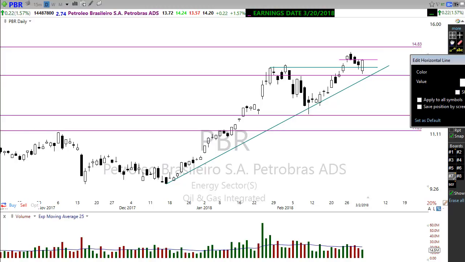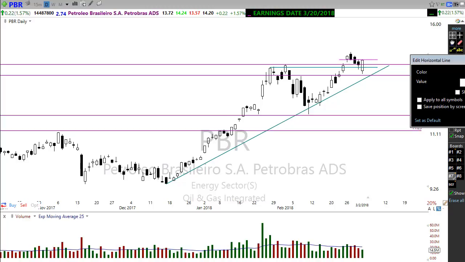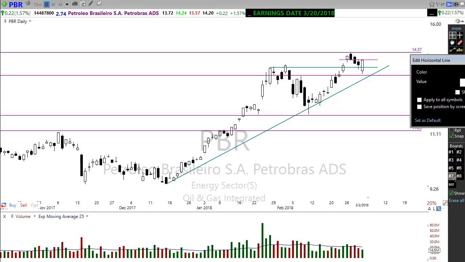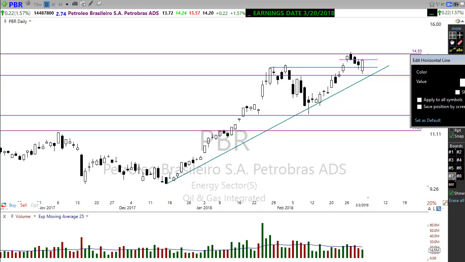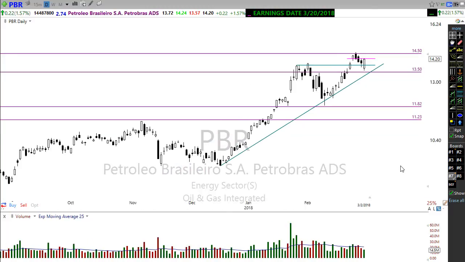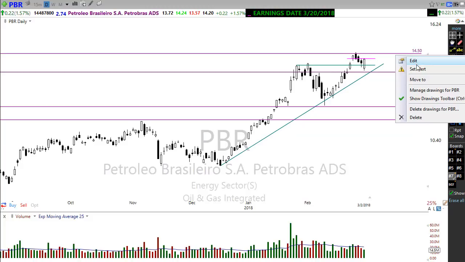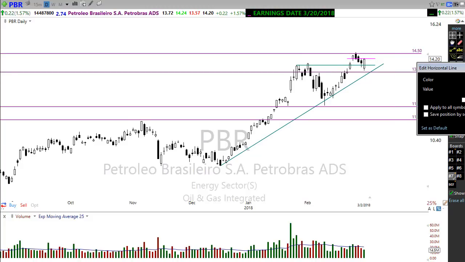I'm just going to put 14.75 in here because I'm never worried about the little pennies and digits like that. Whoops, 14.50. Just a second here.